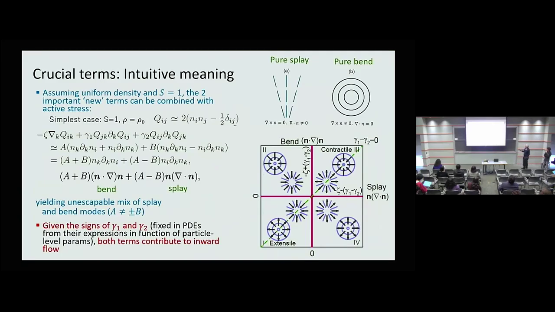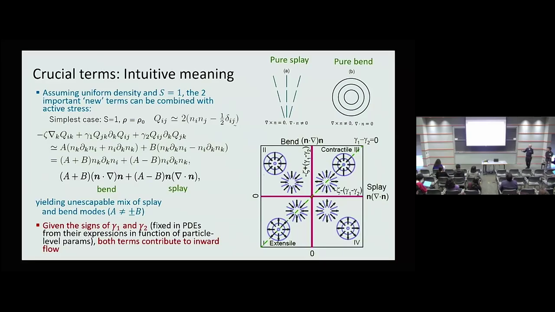For target pattern, for bending, gamma 1, gamma 2 gives an inward force. And also the splay pattern also gives an inward flow. This active force coming from this nonlinear term is directing towards the core in our case for both bending and splay pattern.